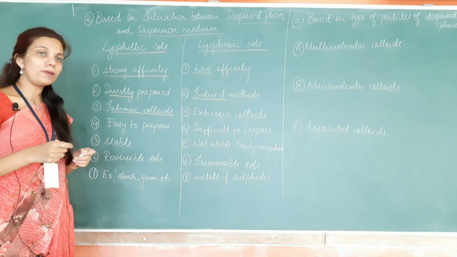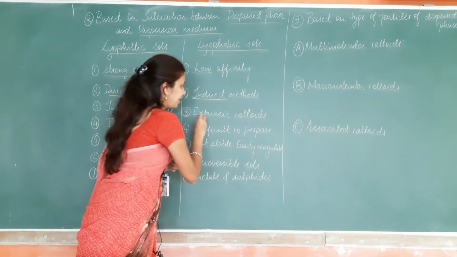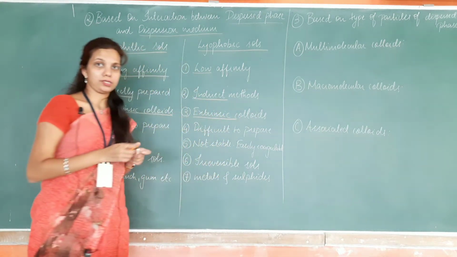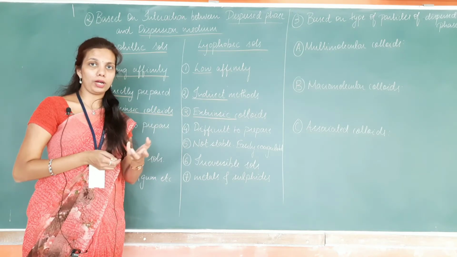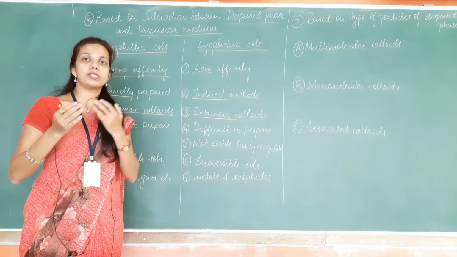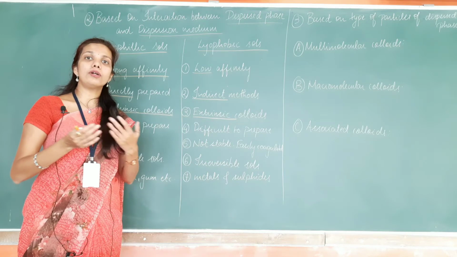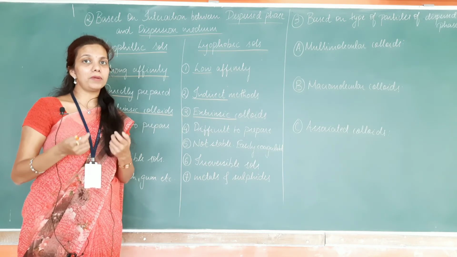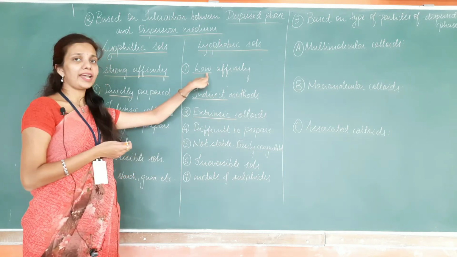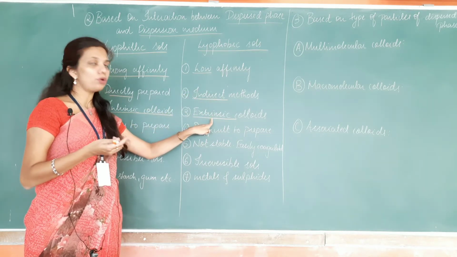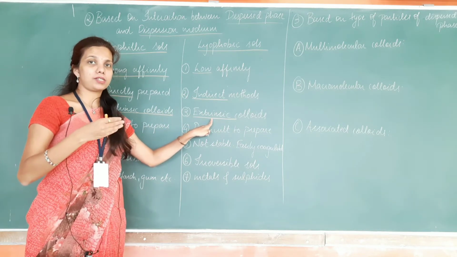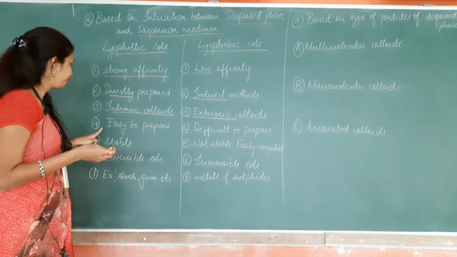Whereas lyophobic salts are called extrinsic colloids, because when we prepare a colloid, the dispersed phase and the dispersion medium do not have a good attraction between each other. They have a low affinity towards each other, therefore they are stated as extrinsic colloids.